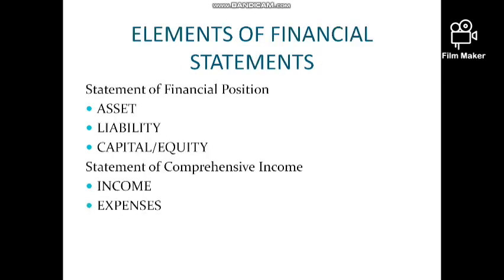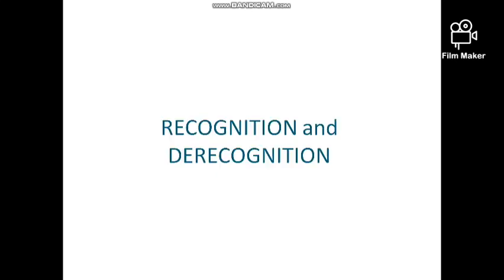Elements of financial statements. Under the balance sheet, we have asset, liability, and capital or equity. We have income and expenses under the income statement or statement of comprehensive income. These have definitions. Let's proceed with recognition and derecognition.